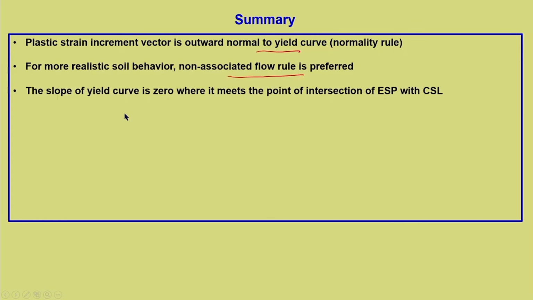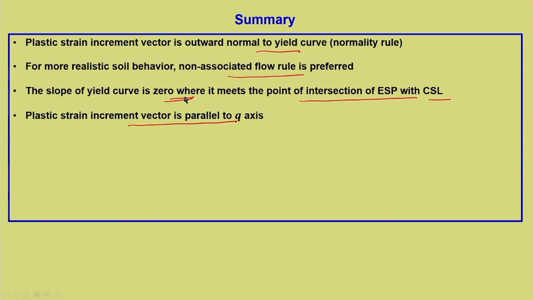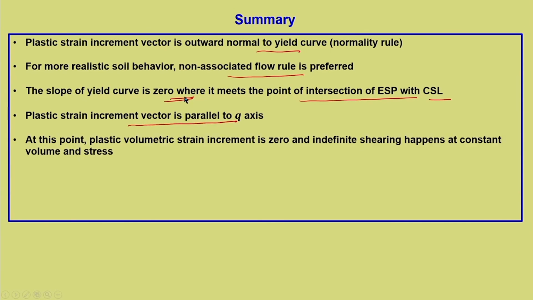The slope of the yield curve is 0. Please understand under what condition: where it meets the point of intersection of the ESP with the critical state line, and that is why at that particular point the plastic strain increment vector is in the upward direction. The plastic strain increment vector is parallel to the q axis at this particular point. At this point the plastic volumetric strain increment is 0, and indefinite shearing happens at constant volume and stress.